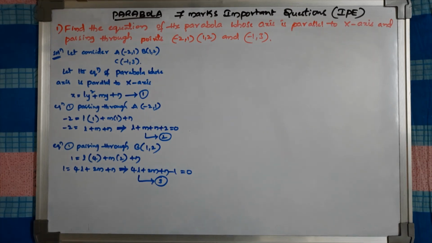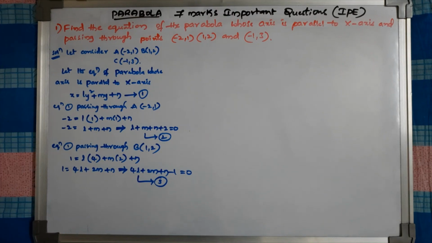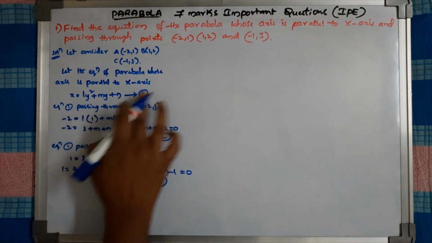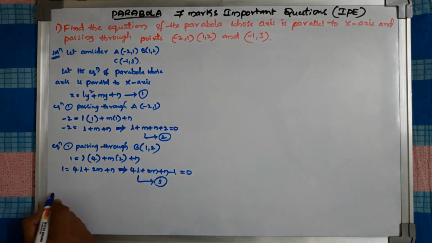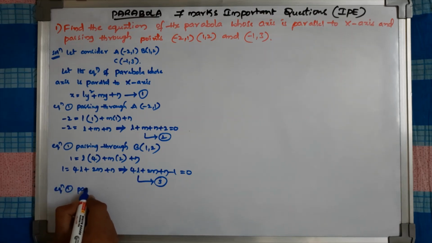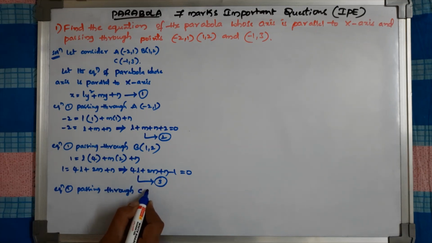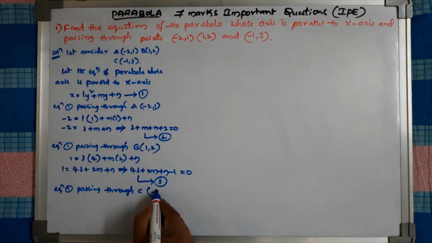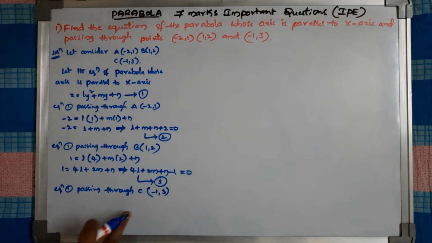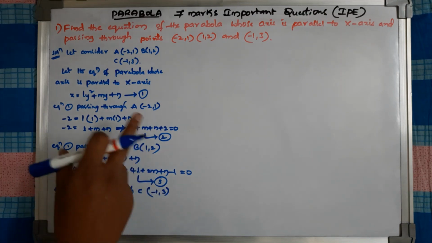And next, equation 1 passing through point C. What is C? (-1, 3). Substitute the coordinate values in this equation.